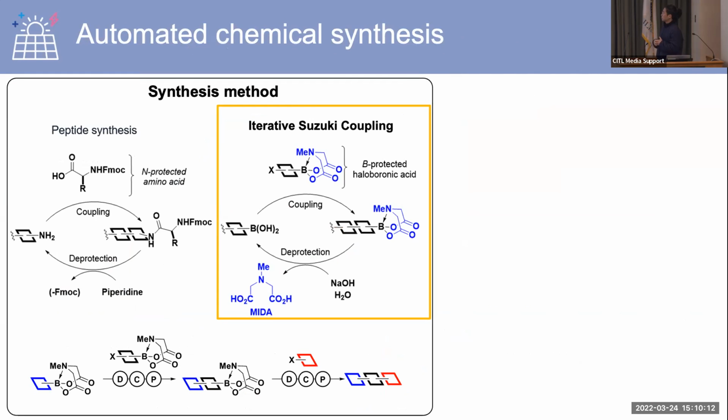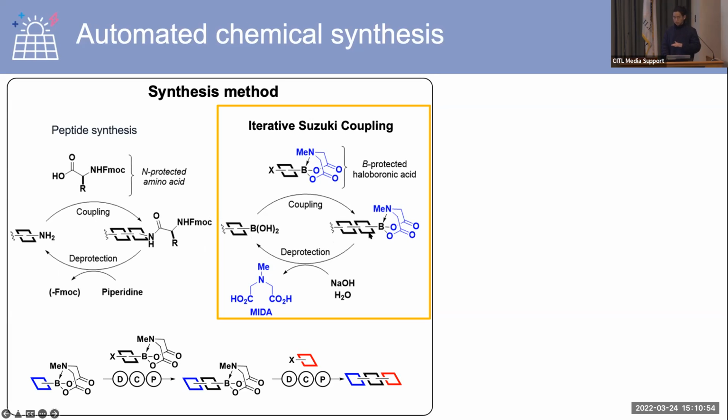For the synthesis team, we are leveraging two kinds of strategy to accelerate this closed loop process. The first is an automated chemical synthesis process based on the iterative Suzuki coupling method, which is analogous to peptide synthesis. In this figure, the monomer, also called a building block, is first deprotected and reacts with another halide building block, and then we get this dimer building block.